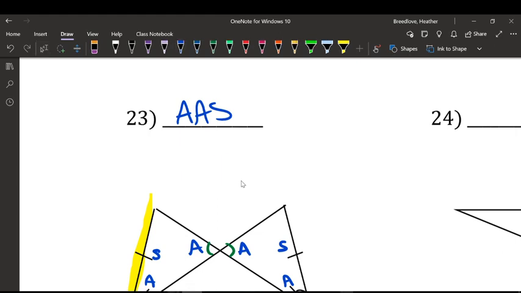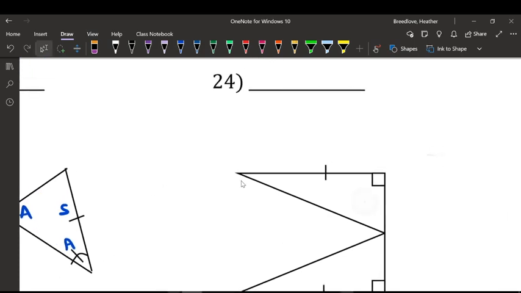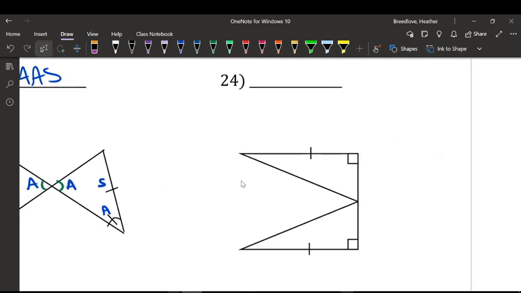Okay, so now number 24. Those two right there are sides, right? Yeah. But whenever you have a right triangle, what are you supposed to check first? 90 degrees. Yeah, the box right there, 90 degrees. It's a right triangle. So whenever you have that, you always want to check for hypotenuse leg first.